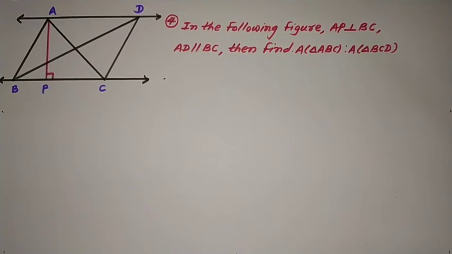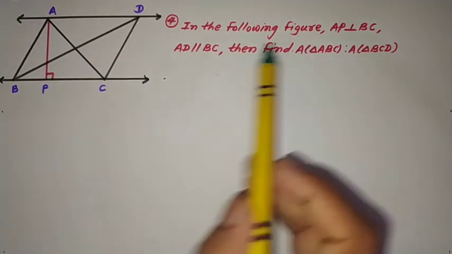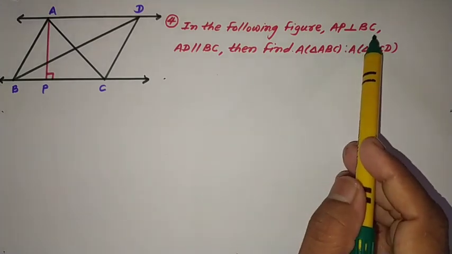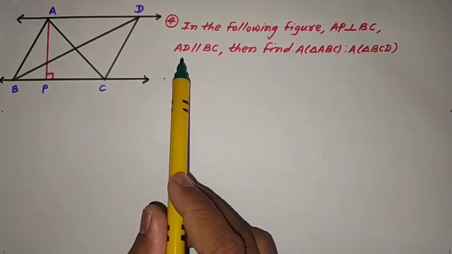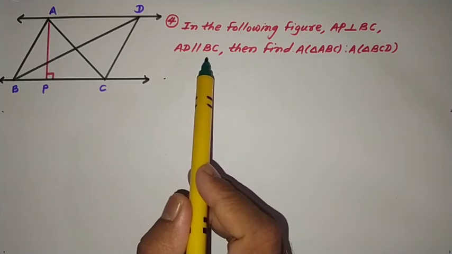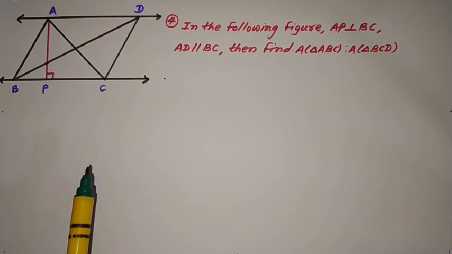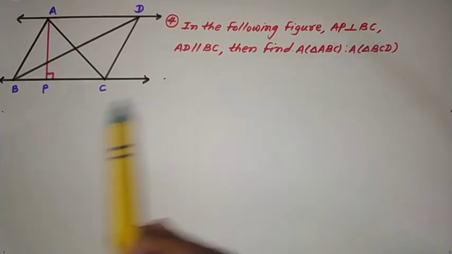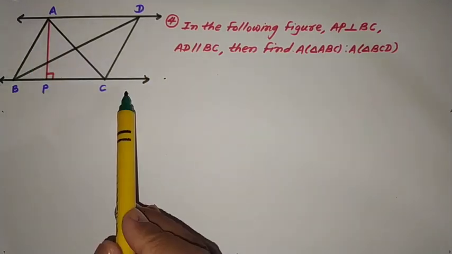Next, example number 4. In the following figure, AP is perpendicular to BC and AD is parallel to BC.